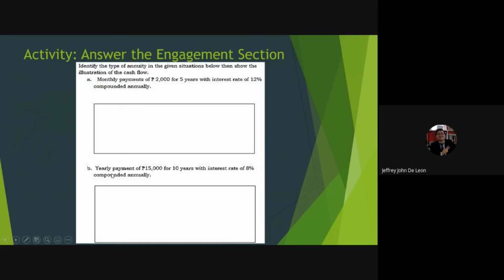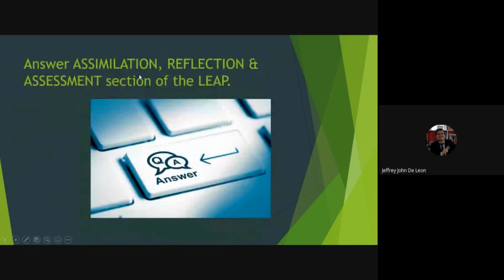In letter B, yearly payment, so the payment interval is every year, and the interest period is compounded annually. They are the same, so this is a simple annuity. Solve for this one and show the illustration of the cash flow. Then answer the simulation, reflection, and assessment section of the LEAP.